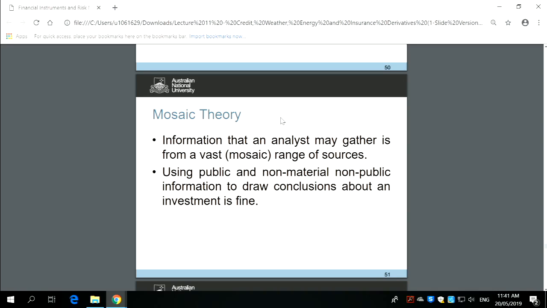Can you trade on that conclusion? Yes, you can, because you got that information from public information, and some part of your information, for example spotting the CEOs of the two companies having a coffee conversation in a public space, is non-material, non-public information. You can trade on that conclusion.